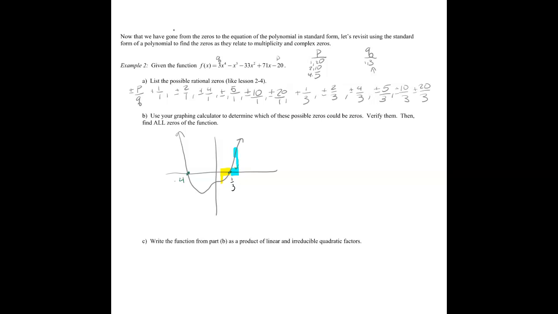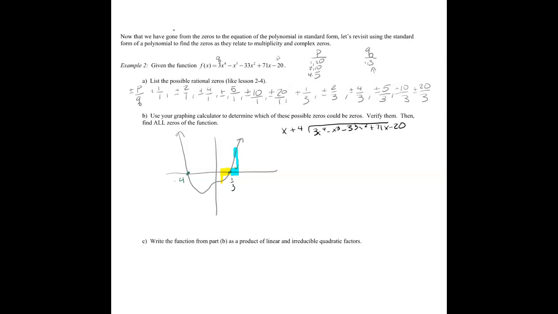So now we can say, okay, I've got x plus 4 as a factor, and then I've got all of this, which is 3x to the 4th minus x cubed minus 33x squared plus 71x minus 20. Then we can use long division.